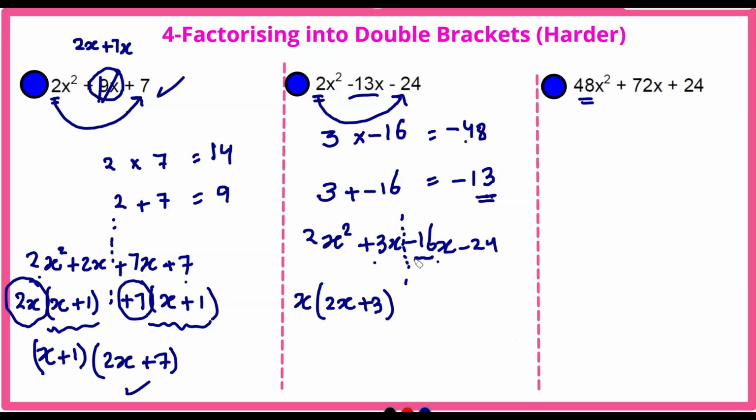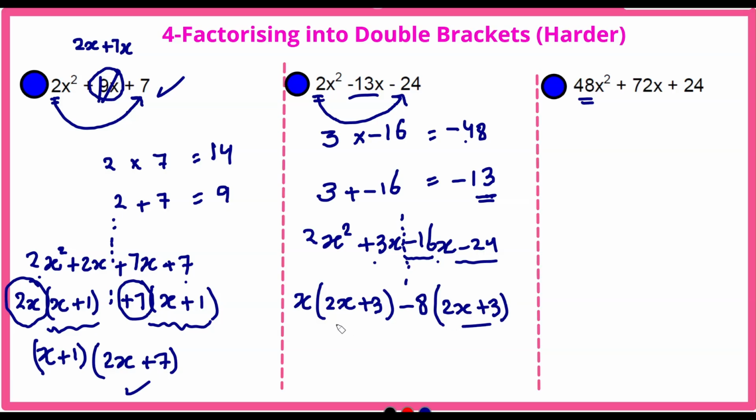I have here minus 16, minus 24. What is the highest common factor here? There is a negative in both, so I have to take the negative out. Always. When you see a negative here, always take it out. 16 and 24, the highest common factor is 8. What do you have in bracket? You have 2x add 3.